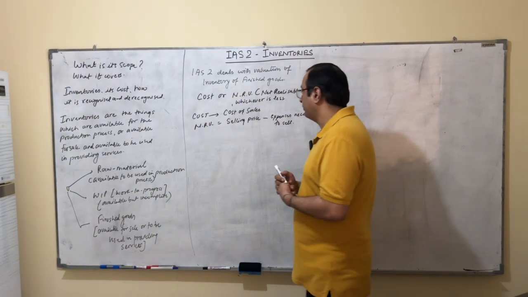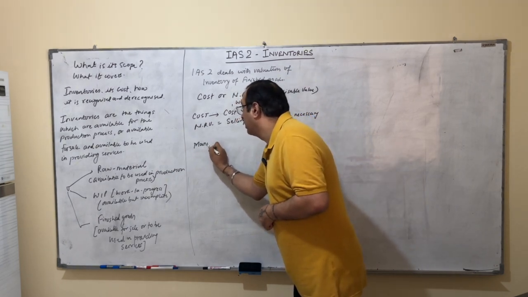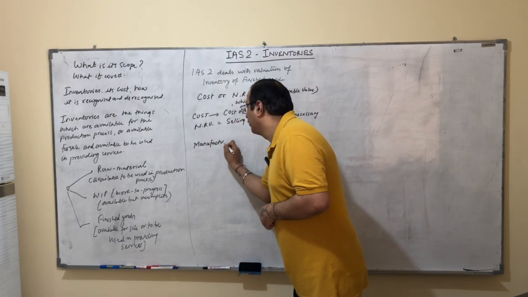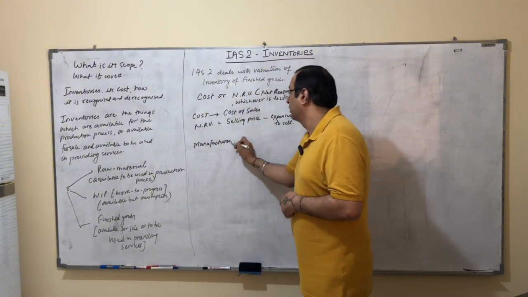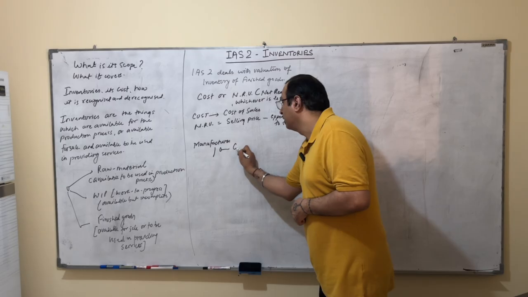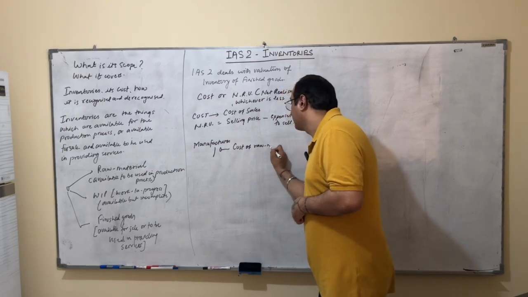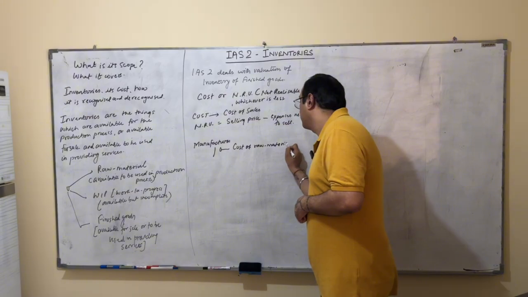Now, say suppose I am a manufacturer, I am producing goods. So what will be the cost for me? The cost for me will be the cost of raw material, right?